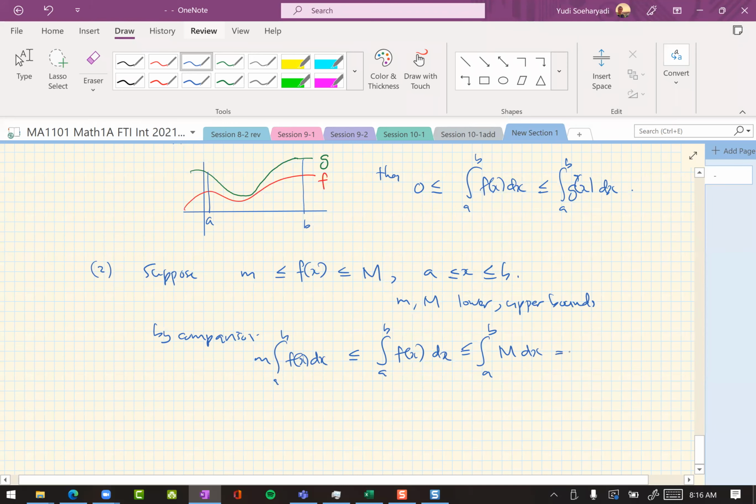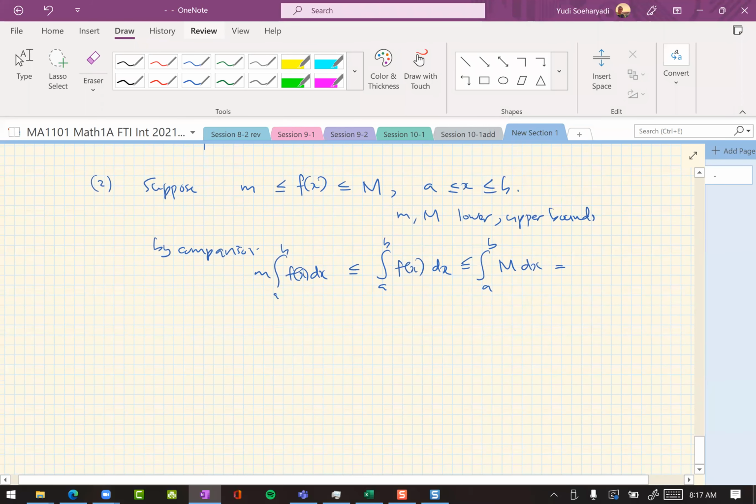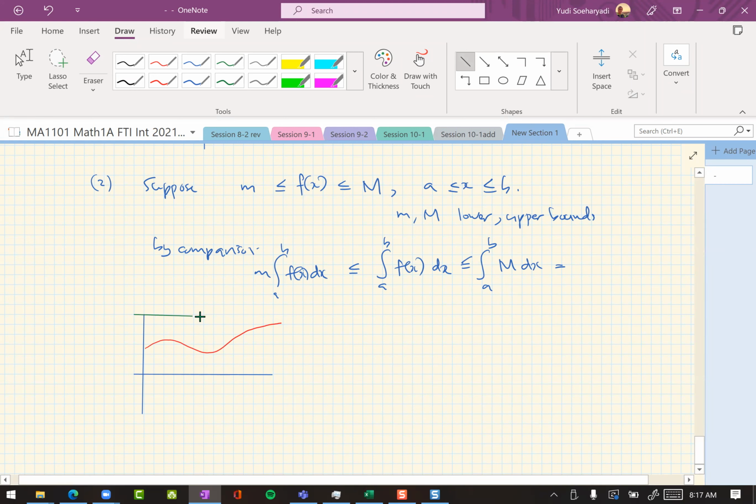Okay, so what is this one? Well, this is just the rectangle. So I'll picture this. And we have, say, this one, this is m.